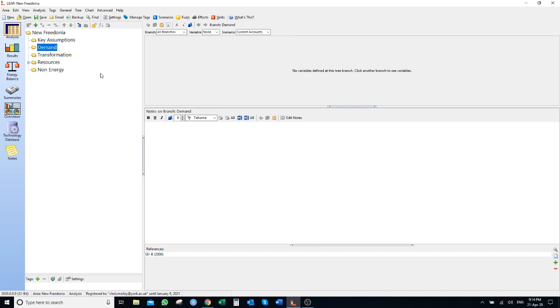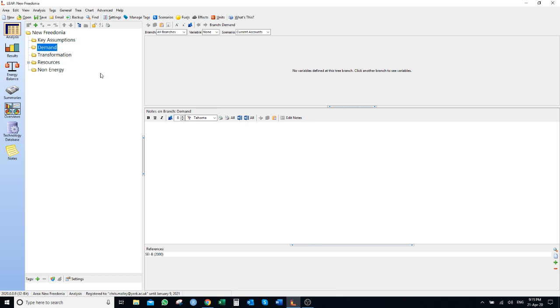We're then going to construct a baseline scenario to look at how energy consumption patterns are likely to change in the coming years without any new policy measures. And then in the last part of this exercise, we're going to develop policy scenarios to look at how we can reduce emissions and energy consumption by looking at energy efficiency measures.